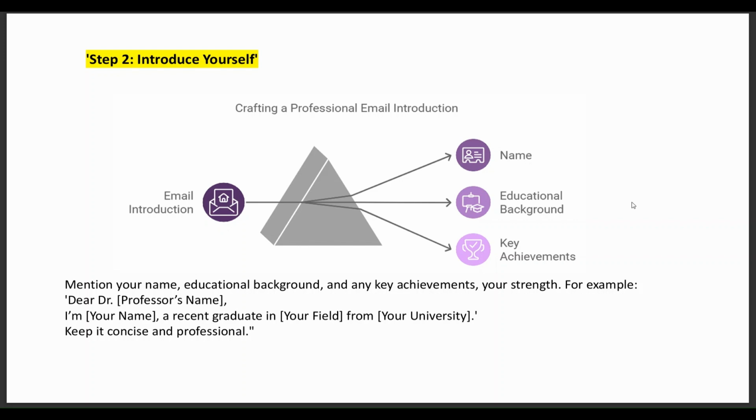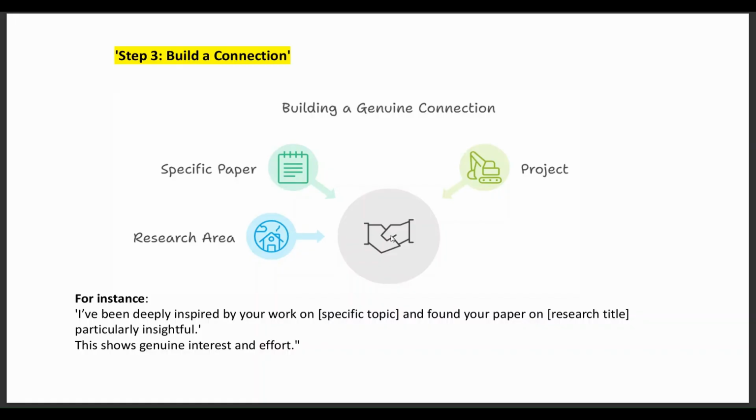These are all your strengths, so make sure to elaborate on them so he or she can know you. Keep your introduction concise and professional. Try to use formal language so it makes your letter professional.